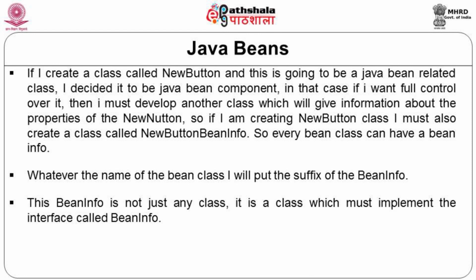The convention is clear: whatever is the name of the Bean class, put a suffix of BeanInfo, and that should be the class used as the BeanInfo. Of course, this BeanInfo is not just any class, it must implement an interface called BeanInfo. We have this interface called BeanInfo in the java.beans package.